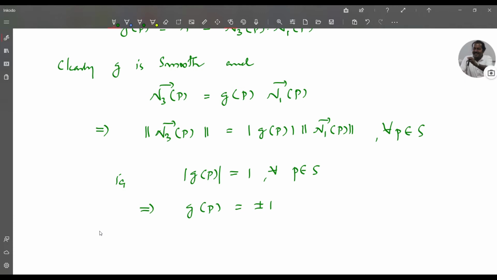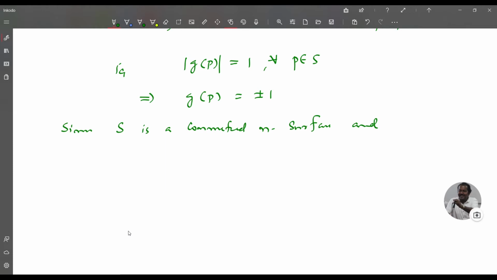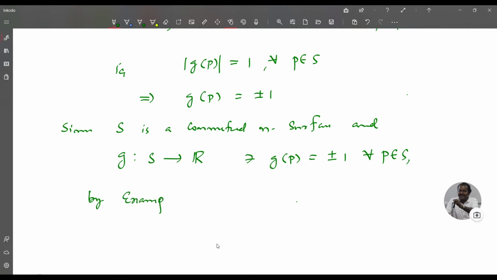Now, since S is a connected n-surface, and G is from S to R such that G of P is equal to plus or minus 1 for all P in S, by our previous example 1, G is a constant.